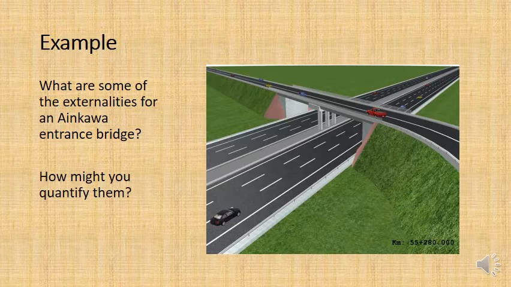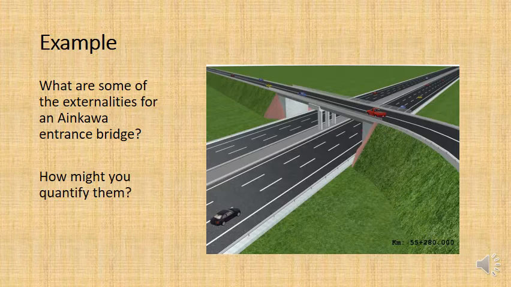And you go forth and you use the principles of quantifying externals to put a dollar value on all of these external benefits and costs. Now, I will say that with a motorway project, one of the major things you should do in a feasibility analysis is do a traffic survey.